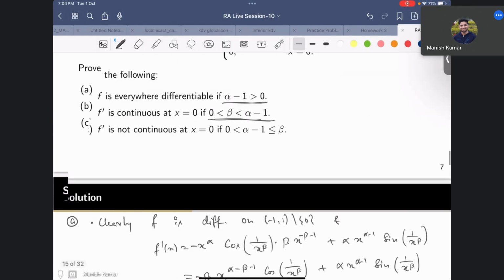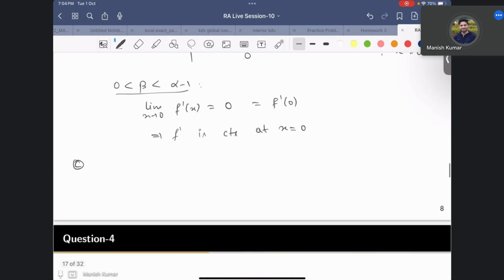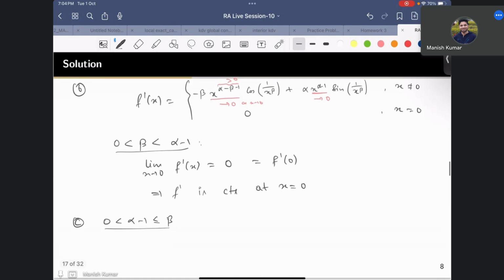Okay, now let us come to this condition, that if alpha minus 1 is less than or equal to beta, then the function will no longer be continuous. So this is the condition. In this condition you can clearly see that this limit will not exist, this one, it will go to infinity, okay?